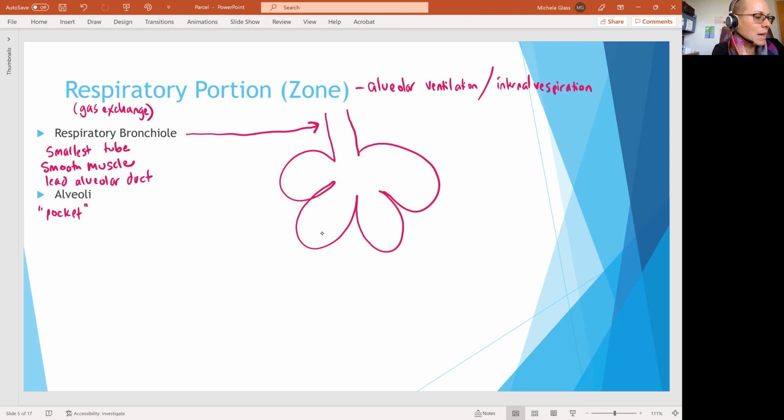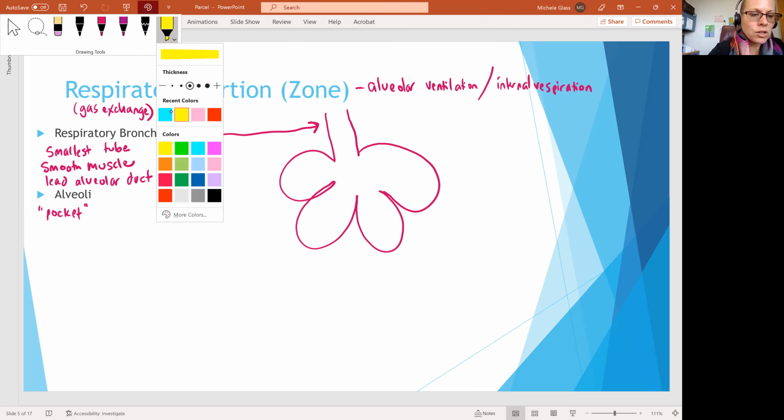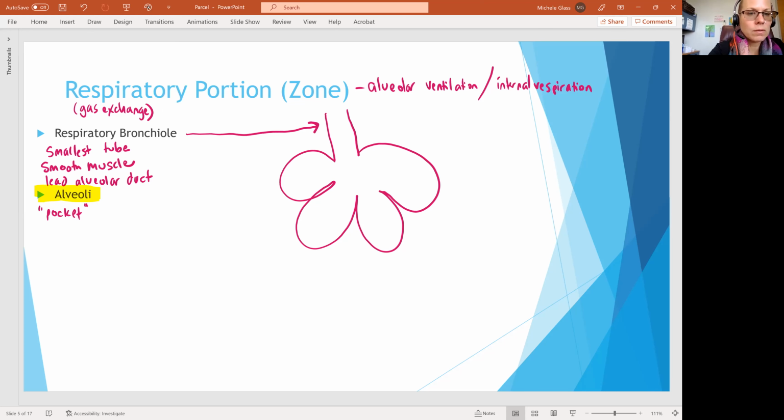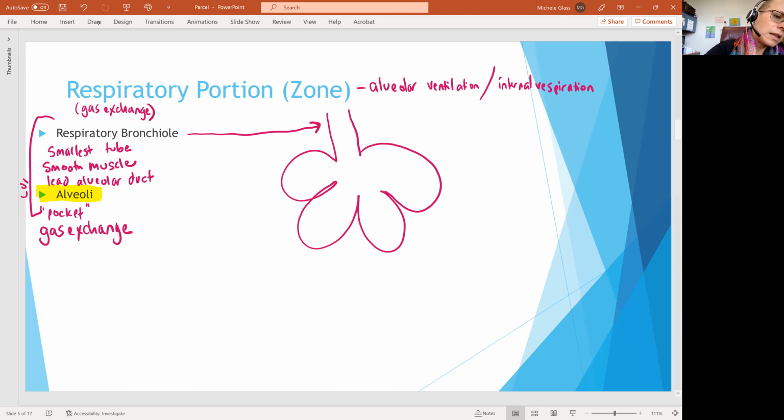So when we talk about the alveoli, let's go ahead and highlight this. This is our location for gas exchange. And when we're talking about all of these structures, we will see that we are inside of the lungs still. So we enter the lungs with the left and right main bronchi, and we continue in the lungs the rest of the way.